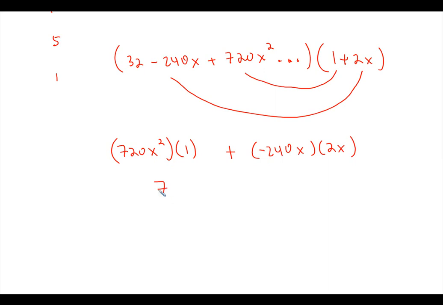We end up with 720x squared plus negative 480x squared. If you simplify that, that's going to give us 240x squared. So the coefficient is 240.